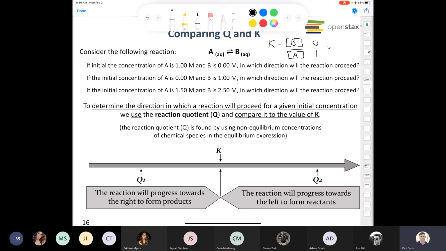So if you take your calculator and you take 0 divided by 1, you end up with 0. And so the equilibrium is going to proceed to the right, so it's going to go towards the products. If you have only products, so if you only have B, then it's going to proceed toward the reactants.